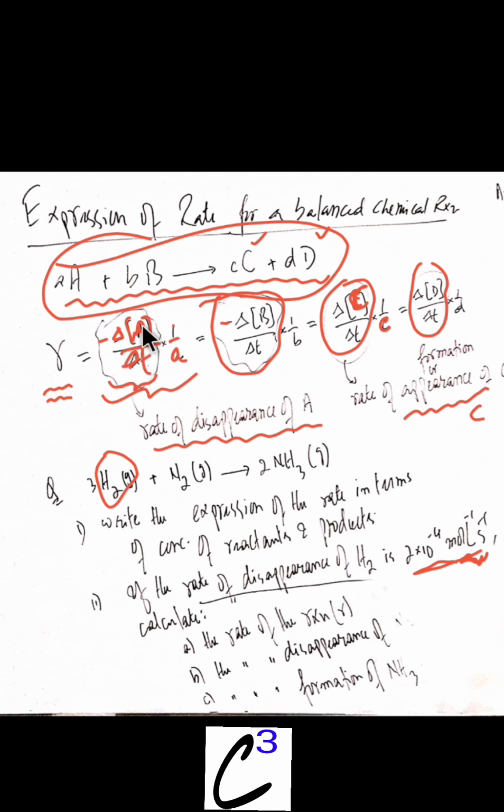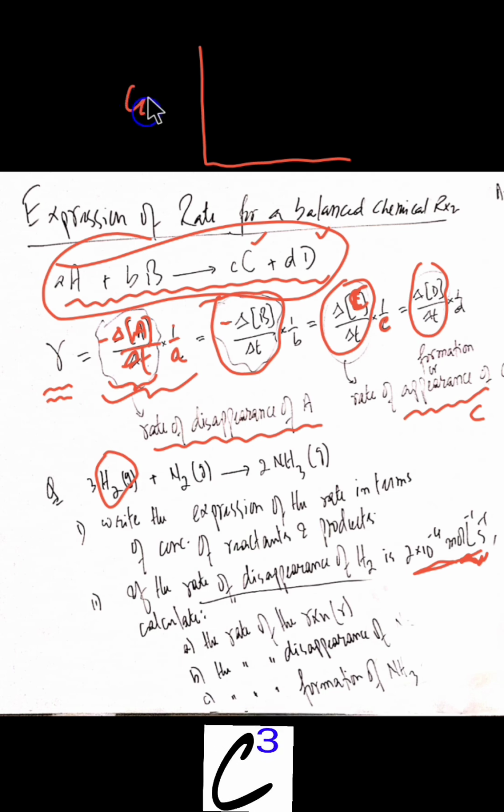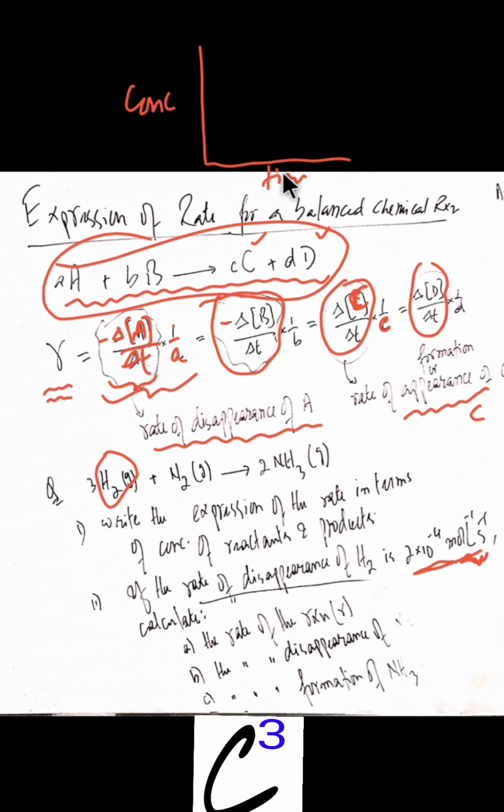Since this delta A is change of concentration of reactant A, suppose this is the diagram of concentration versus time. Okay, then reactant concentration will decrease with respect to time, like this.